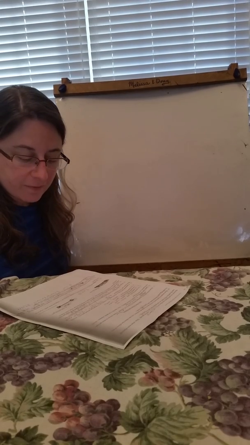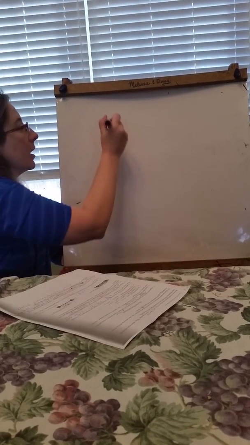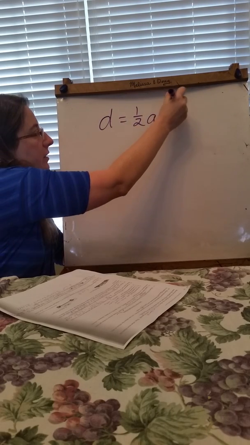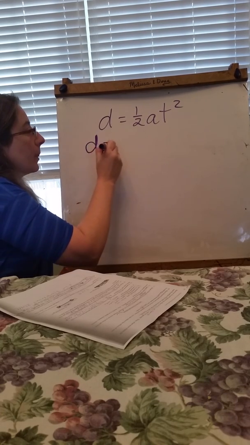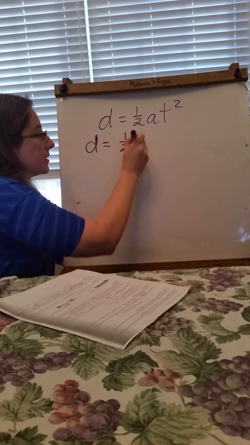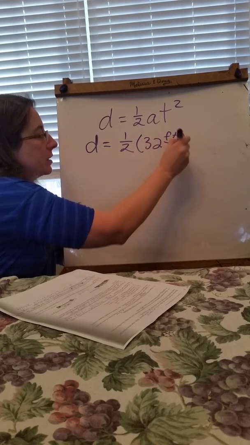Last one. How far in feet did a dropped rock fall that took 2.3 seconds to reach the ground? So our old buddy, 1/2 a t squared. So we're looking for how far. We want in feet, so acceleration will be 32 feet per second squared.